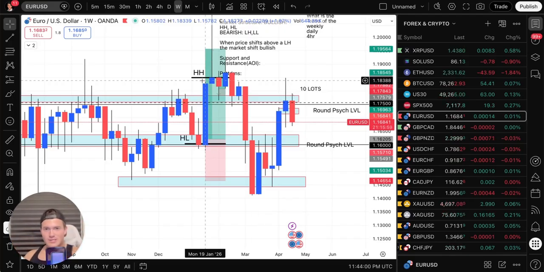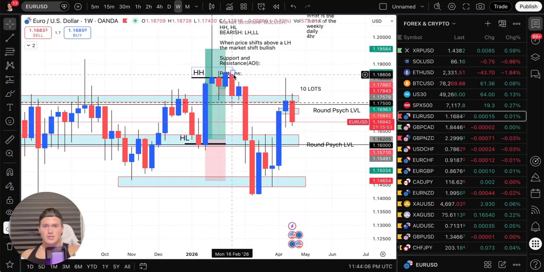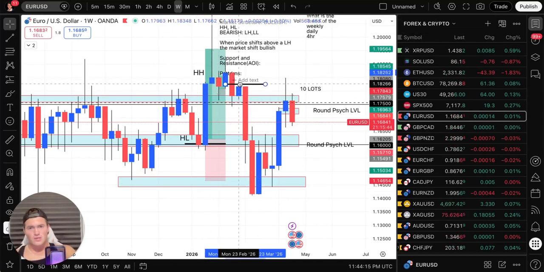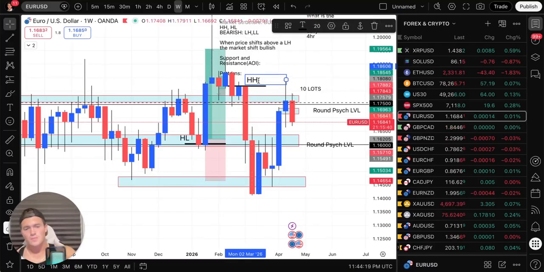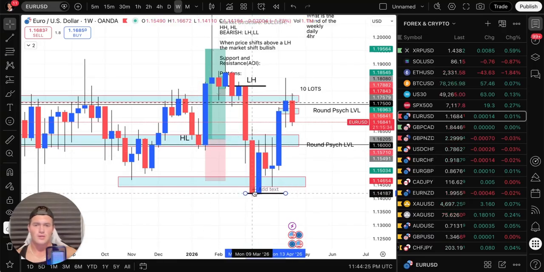Does that make sense? So the market is bullish, but let's keep going. We had some consolidation here, definitely shifted bearish here. So we created a new lower high, and then down here is our lower low.